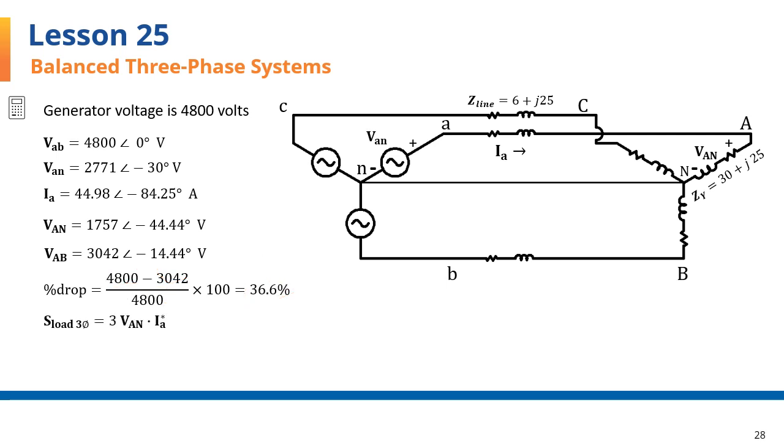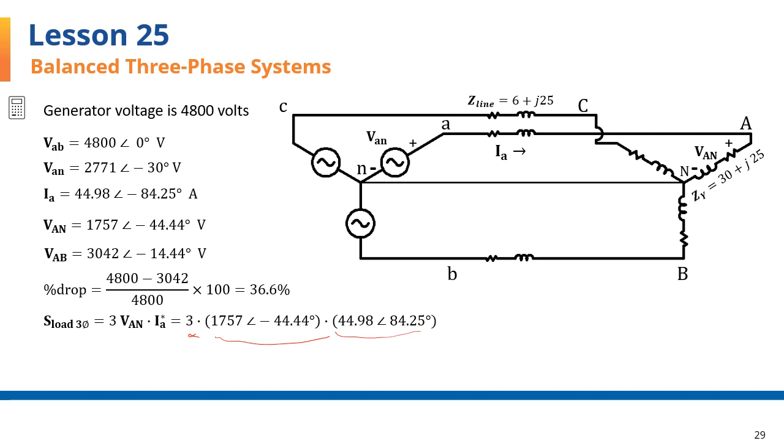For the load power, we multiply VAN, this one, by the conjugate of IA, and that will give us the complex power for a single phase of the load. And if we multiply it by 3, that will give us the total complex power for the three-phase load. And here are the values. The VAN at load and the conjugate of the IA.